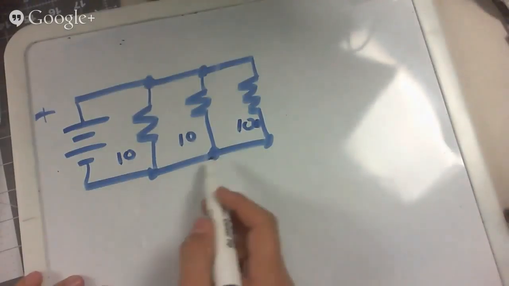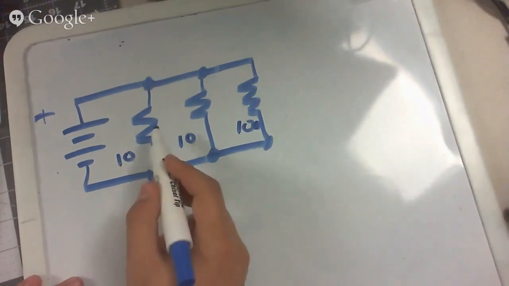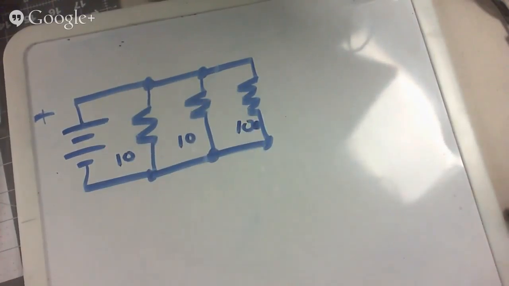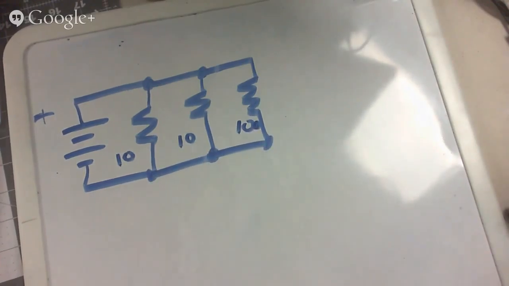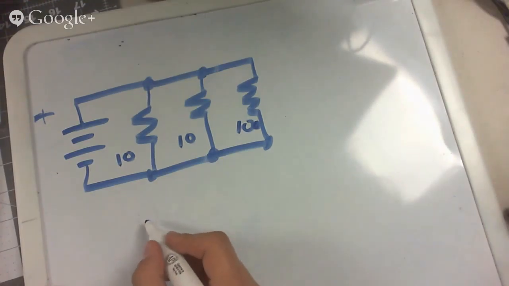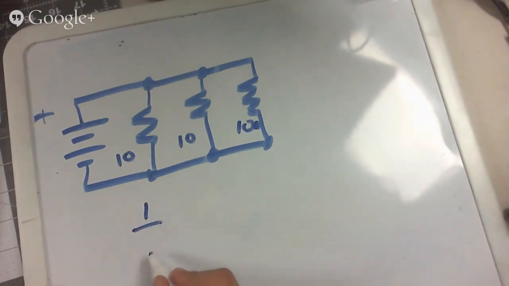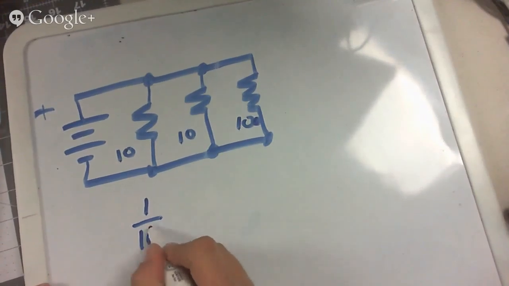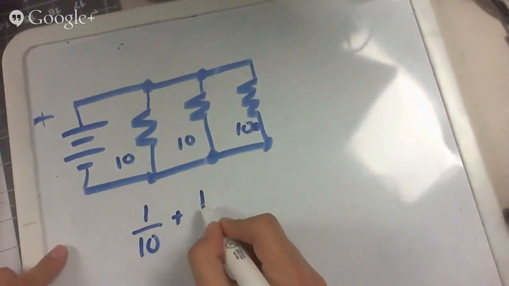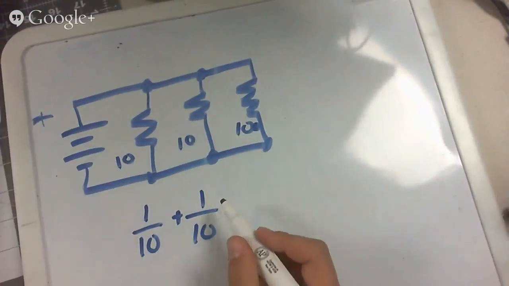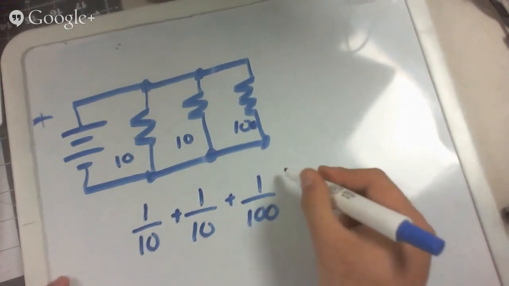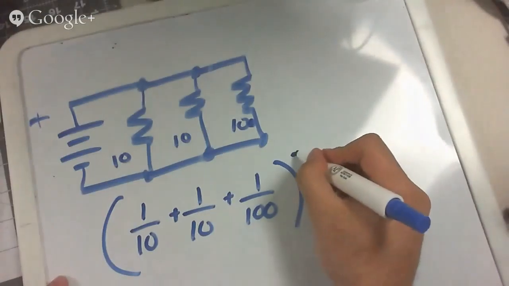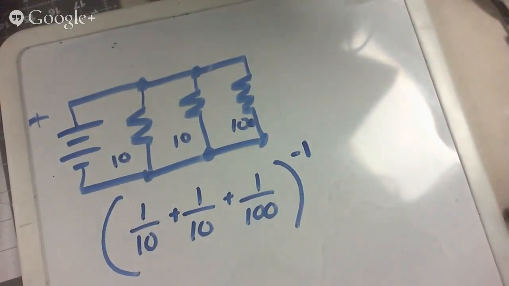Now you could ask, what would the equivalent value be if I replaced these 3 with one resistor? To solve that, you take the reciprocal: 1 over R1 plus 1 over R2, plus 1 over R3, which we made 100. Add all that together, then take the reciprocal of that sum.